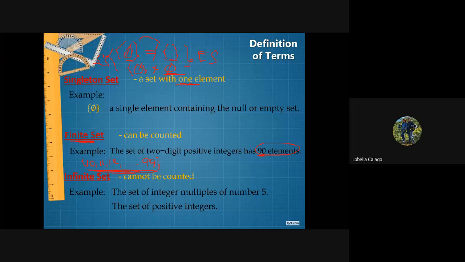We also have the set of positive integers. Lahat ng positive integers, count natin. So, we have 0 hanggang infinite. Mostly, nilalagay natin is ganyan, so it represents the infinite. Ibig sabihin, countless, cannot be counted. Okay, so that is the difference between singleton, finite, and infinite set.